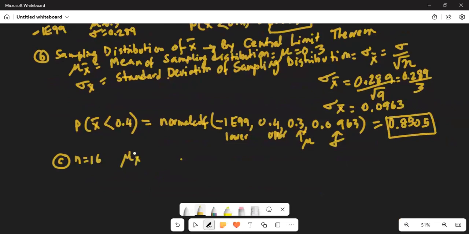Again, mu x bar equals mu, the same as before, 0.3.